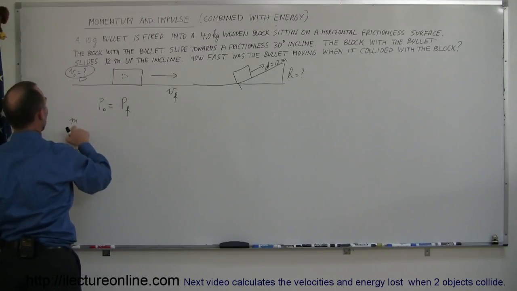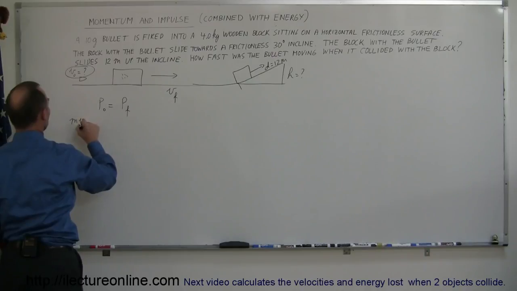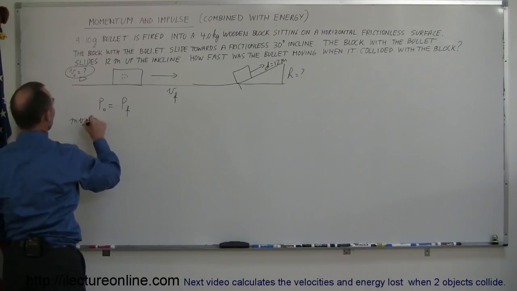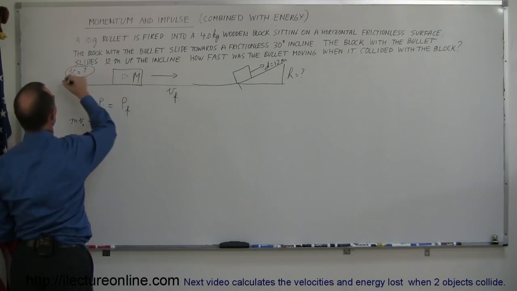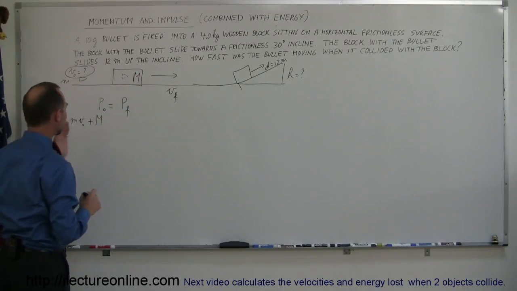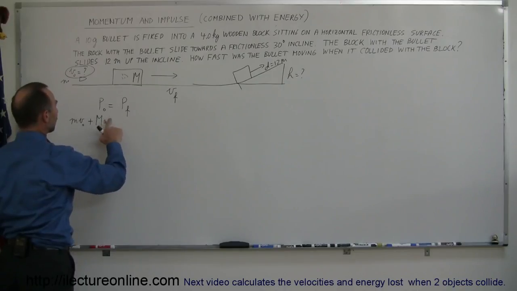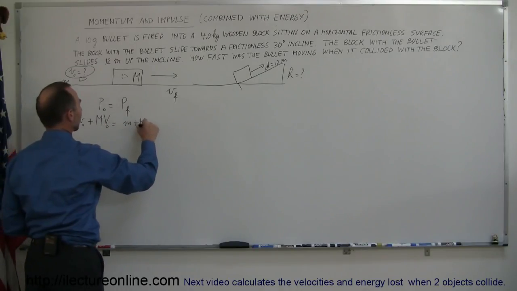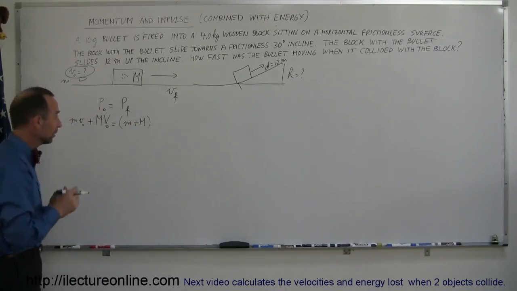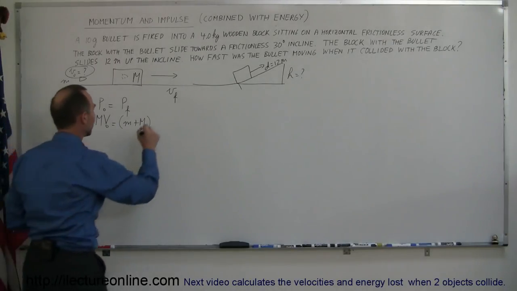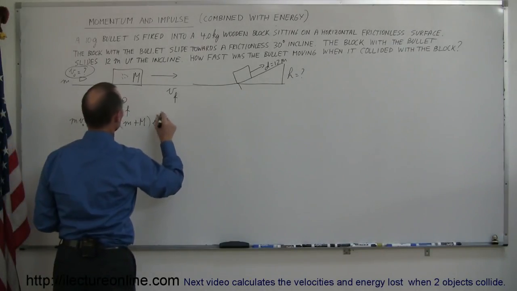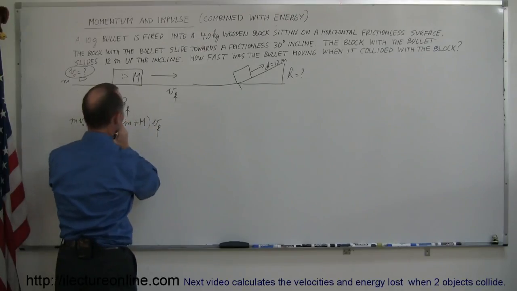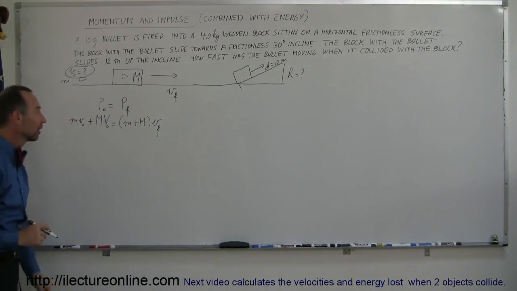So the mass of the bullet times the initial velocity of the bullet plus the mass of the block, and I'll let big M be the mass of the block, little m be the mass of the bullet, times big V for the initial velocity of the block, equals the mass of the bullet plus the mass of the block, because they are now together. It's therefore an inelastic collision, times the final velocity, which is the final velocity of the block and the bullet as they slide to the right after the collision.